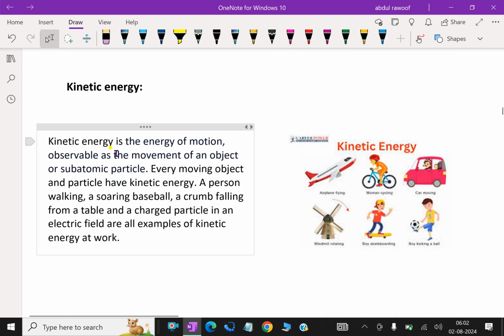Kinetic energy is the energy of motion observable as the movement of an object or subatomic particles. Every moving object and particle has kinetic energy. A person walking, a soaring baseball, a crumb falling from a table, and a charged particle in an electric field are all examples of kinetic energy at work.